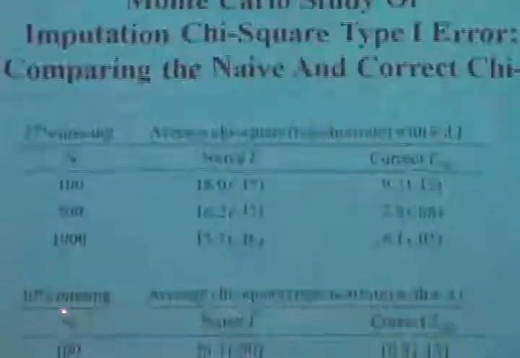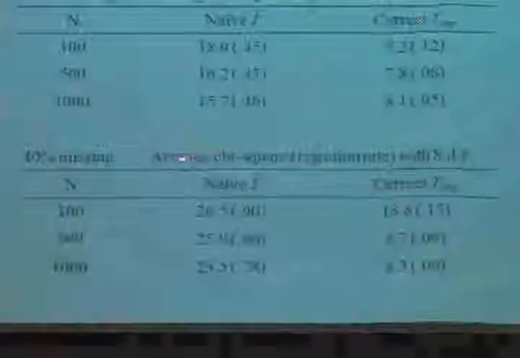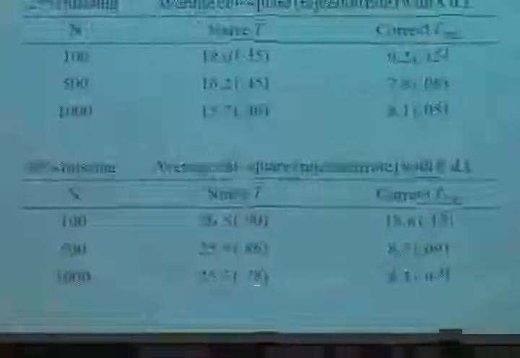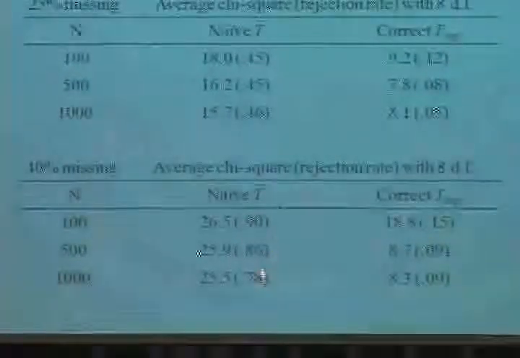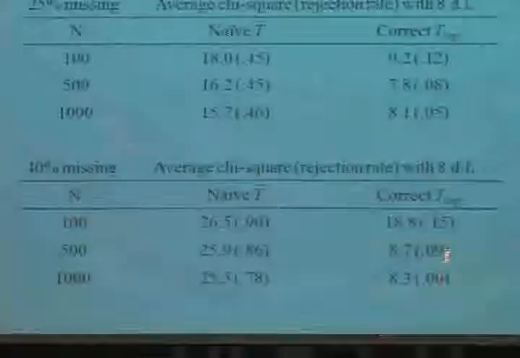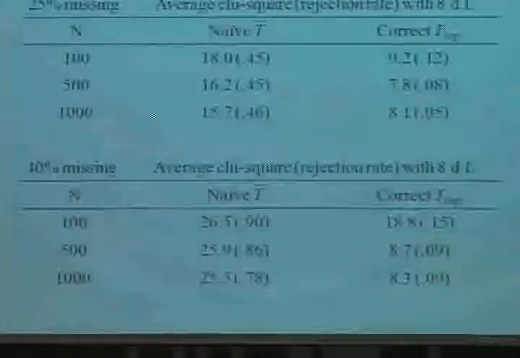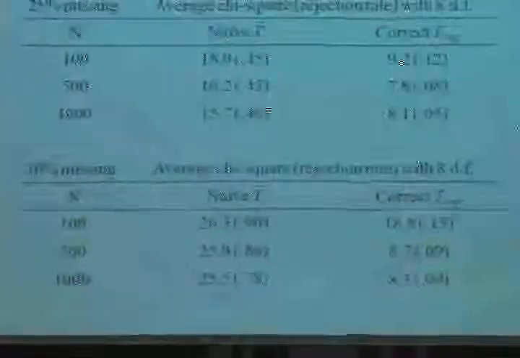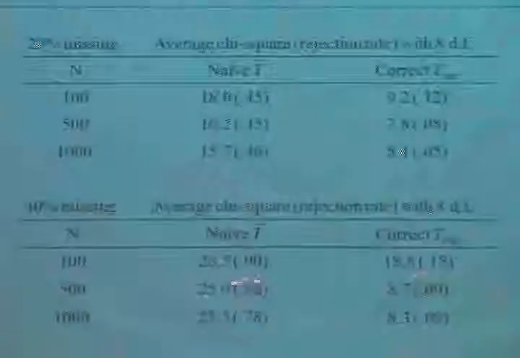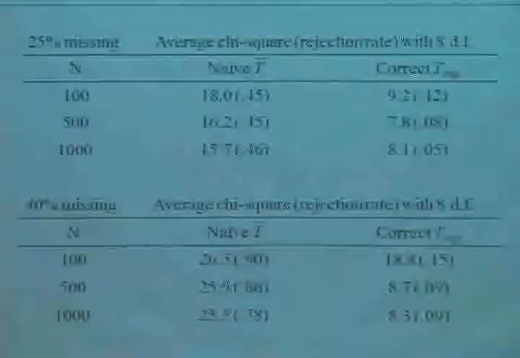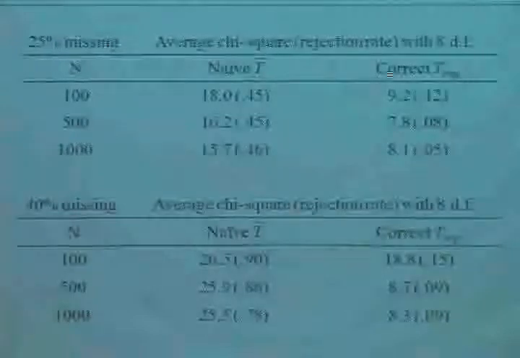If you put more missing data into the simulation, the results are even worse, with nearly 100% rejection rate. The naive chi-square is 2 to 3 times too large, and in a simulation study, you can make it as large as you want.